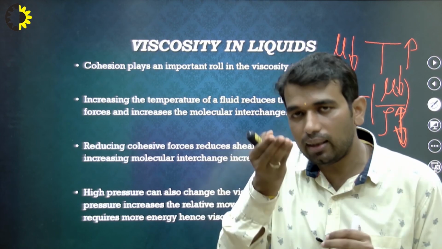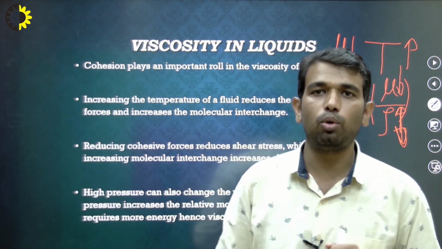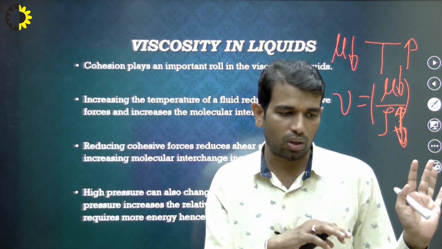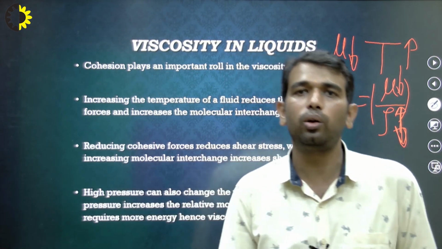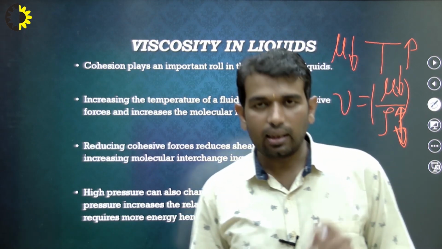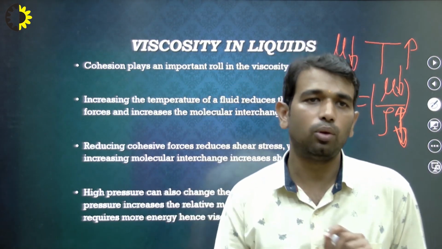It means when you increase the temperature by a particular amount, dynamic viscosity is going to change much more significantly compared to the kinematic viscosity, because the density in the denominator is also going to reduce, and because of that the change in the kinematic viscosity is quite often less compared to the dynamic viscosity.